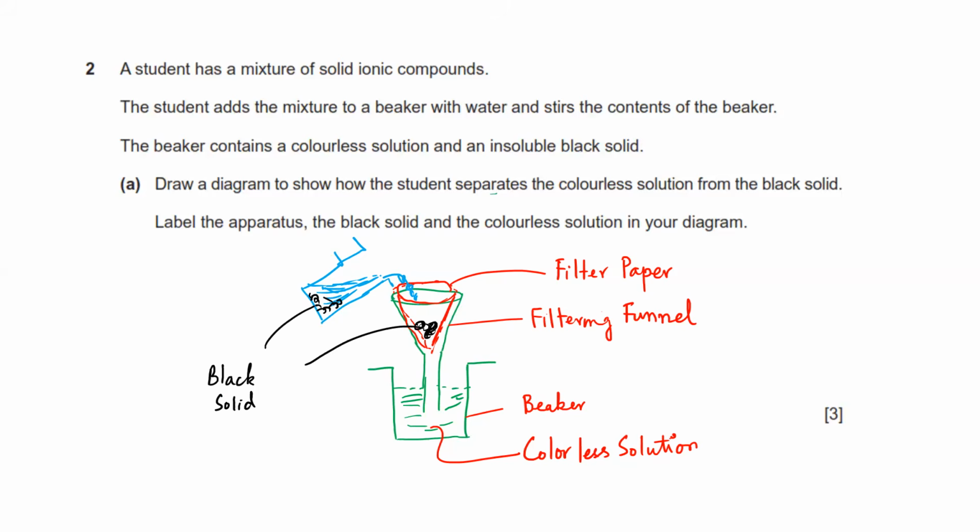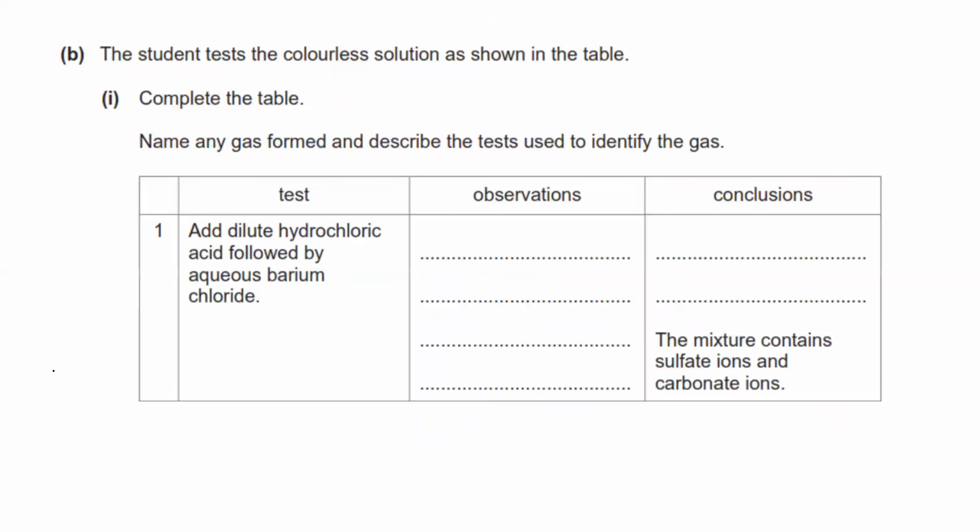Okay. So moving ahead, in this question, it says the student tests the colorless solution as shown in the table. Complete the table. First thing is name the gas formed and describe the test used to identify the gas. The first test is add dilute hydrochloric acid followed by aqueous barium chloride. The conclusion says the mixture contains sulfate ions and carbonate ions.